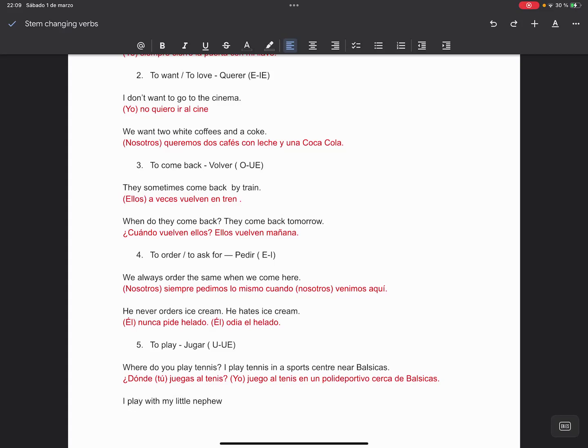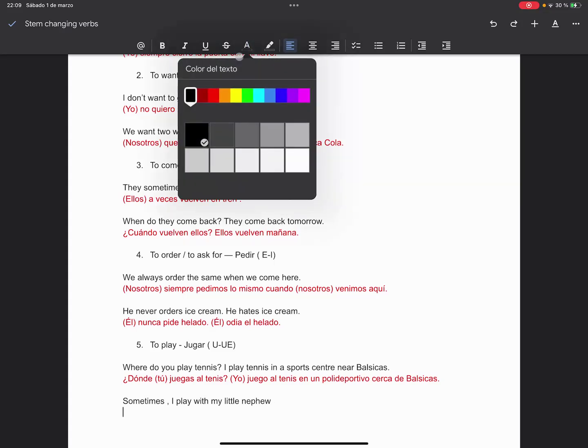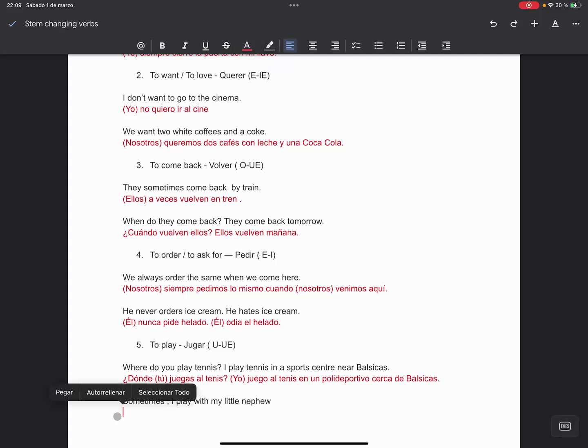Sometimes I play with my little nephew. I don't know if that is the correct order in English, but that works in Spanish. So sometimes, how do we say that? We say a veces or algunas veces. You choose, although I like a veces just because it's shorter.